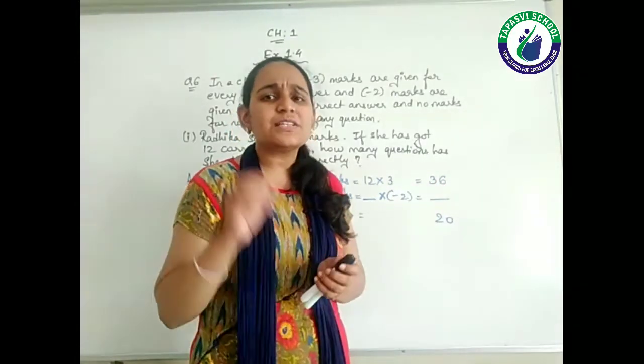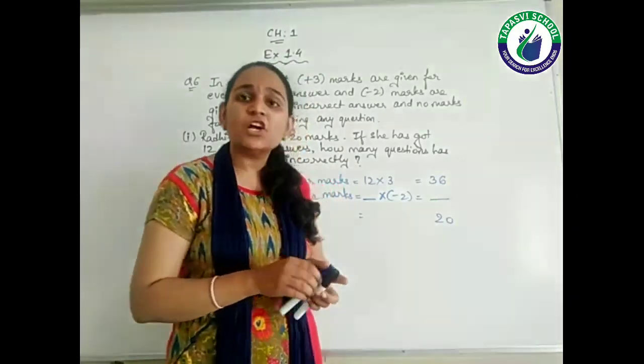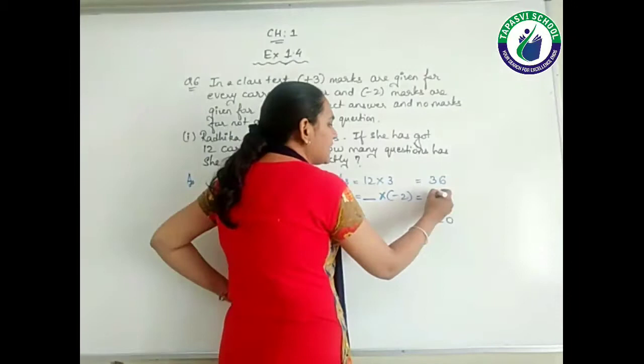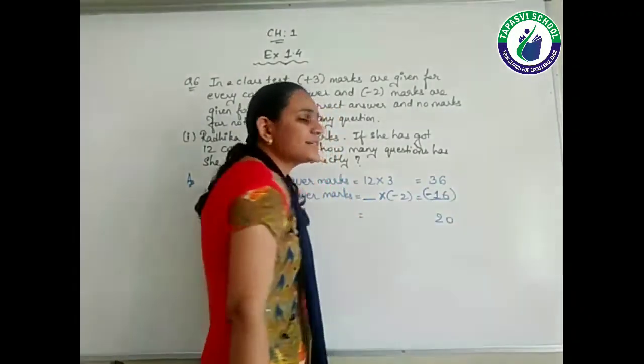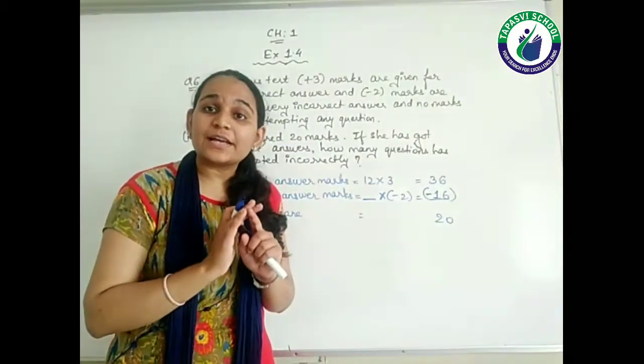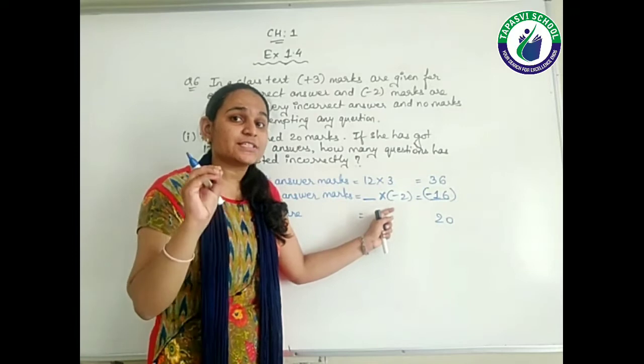So that means students, 16 marks are being lost, 16 marks are being cut down. Now we can get the idea of the number of questions she has attempted incorrectly.